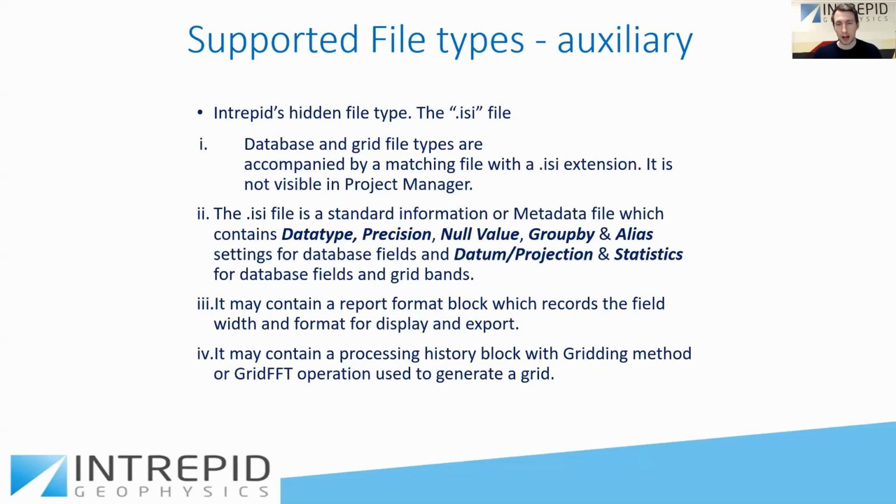It'll contain information like data type, precision, null values, which field you're grouping by, and aliases for the databases, as well as data projections and statistics for any of the fields or grid bands that you have within your data.